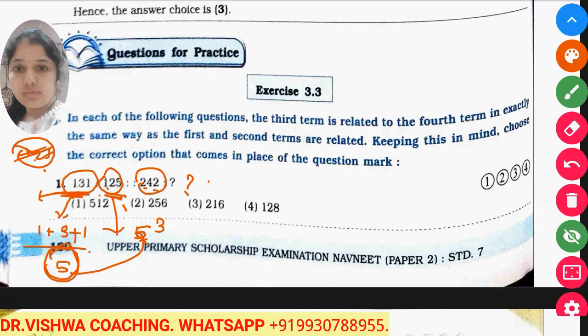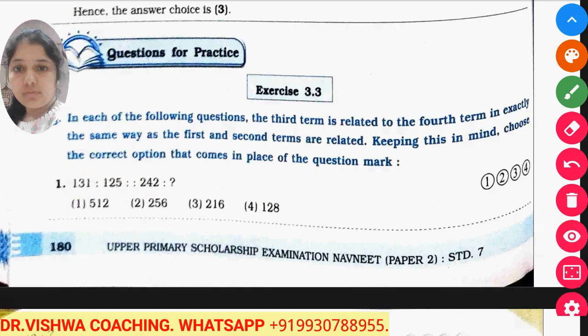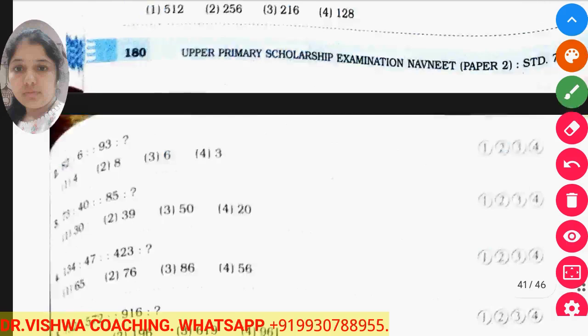So we have to add the digits of 242, and we have to find the cube of the addition. 242, when we add, becomes 8, and the cube of 8 is 512. So if you know the cubes, you can find the answer. So the correct answer is 512, option number 1.